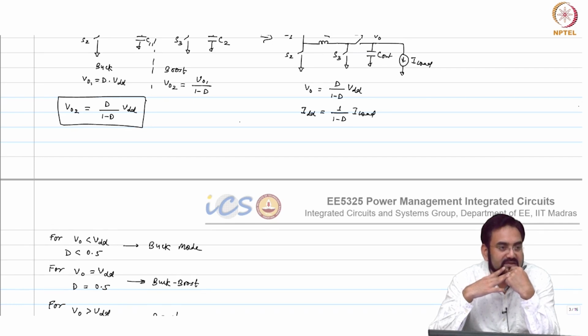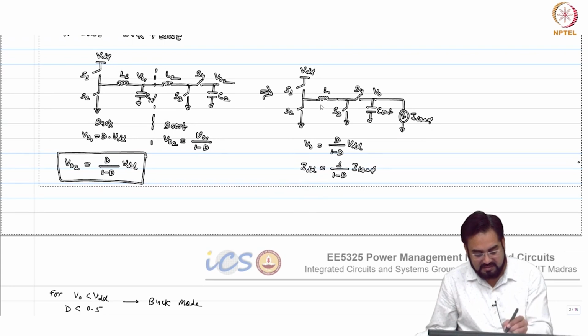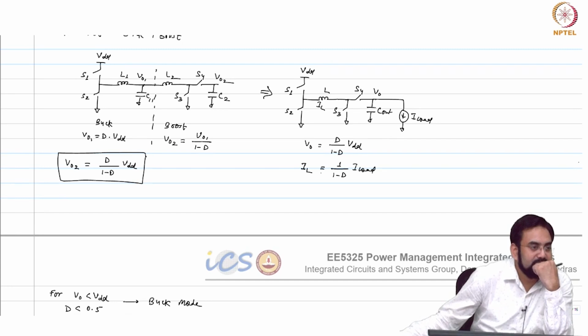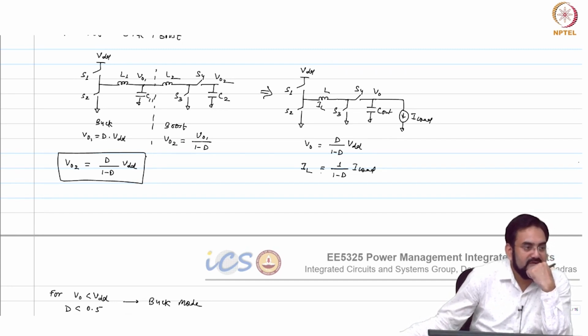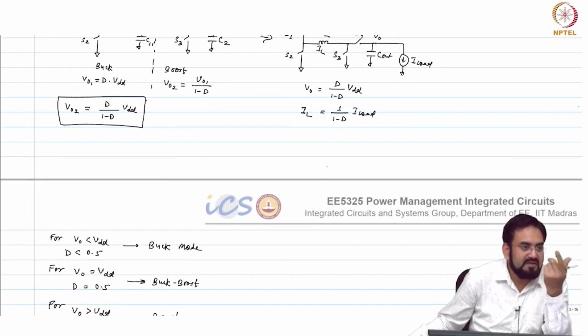Twice current, inductor current basically. So how much is the inductor current? 1 over 1 minus D times I load. So D equal to 0.5. What is the relationship between V in and V out? V in equal to V out. But what about the current? IL equal to twice the I load. Current is 2x.